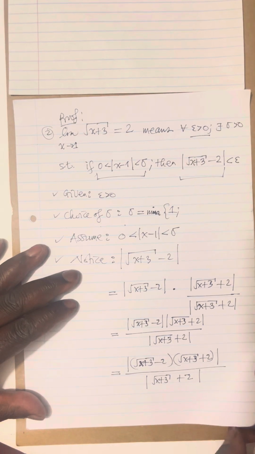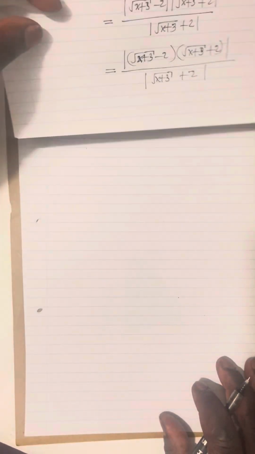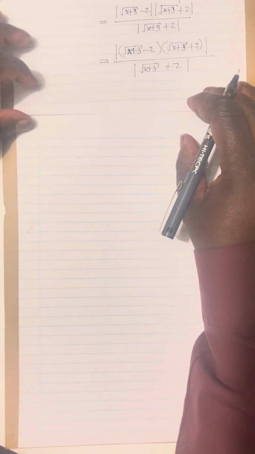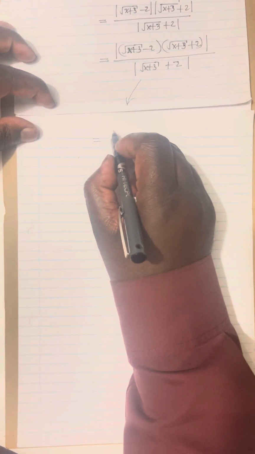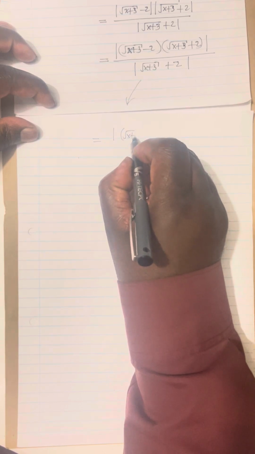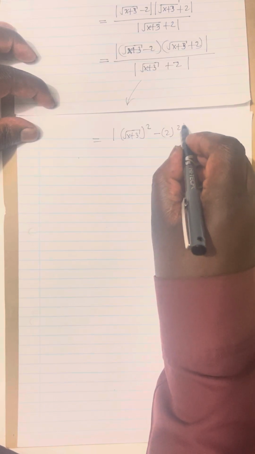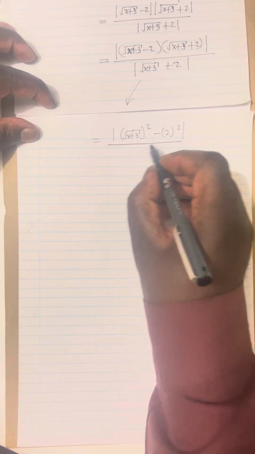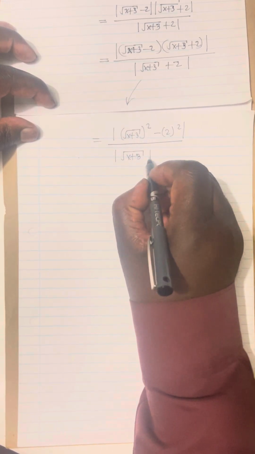In the numerator, if you use difference of two squares, you'll agree with me that it simplifies to the absolute value of square root of x plus 3, squared, minus 2 squared, all over the absolute value of square root of x plus 3 plus 2.